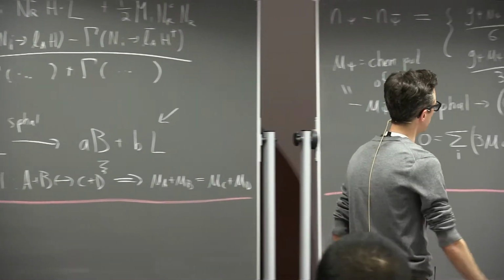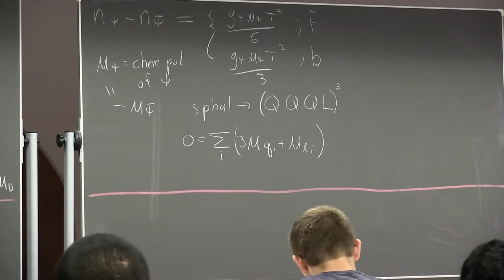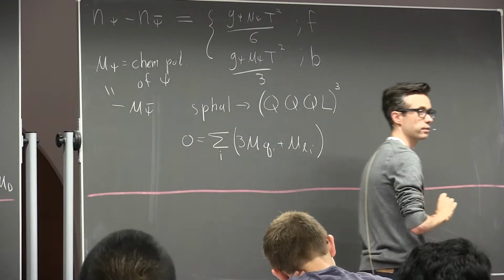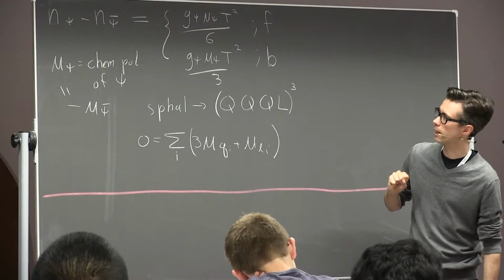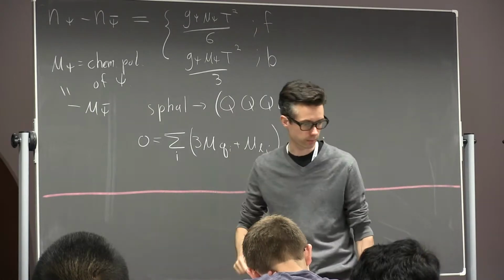So if I apply this to the Sphaleron, this is the final relation I get. This is the chemical equilibrium condition implied by sphalerons. I'm going to take this expression and combine it with other standard model reactions that also give you other relations between the Q's and the L's.